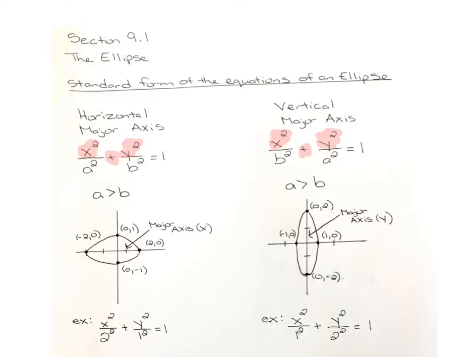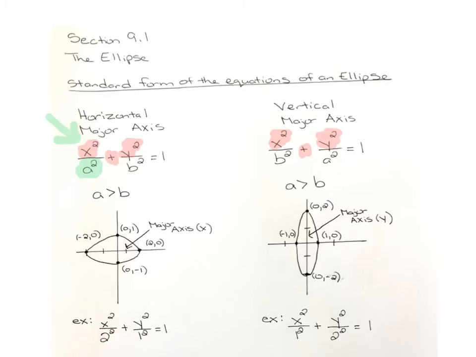Wherever a is, that is going to be your major axis. In this first problem, x squared over a squared plus y squared over b squared equals 1, the a squared is underneath the x, which means x is going to be your major axis.